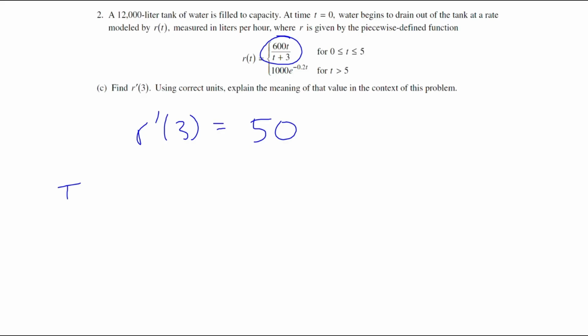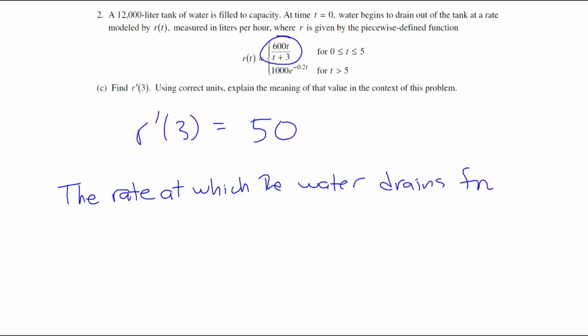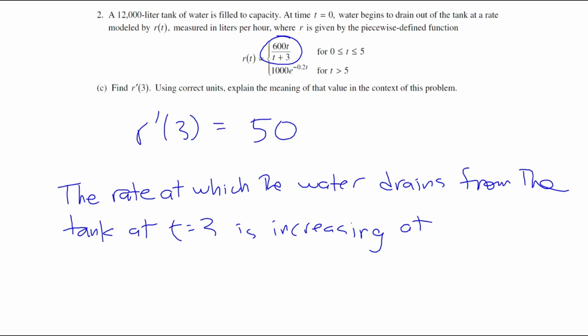So we're going to say the rate at which the water drains from the tank at t equals 3 is increasing at 50, and then we're going to put some units on here, even though it does say using correct units. 50, and our units here were liters per hour for the rate, so it's liters per hour, or liters per hour squared.